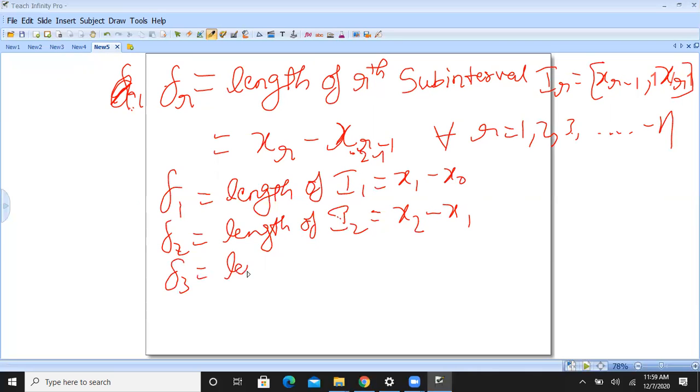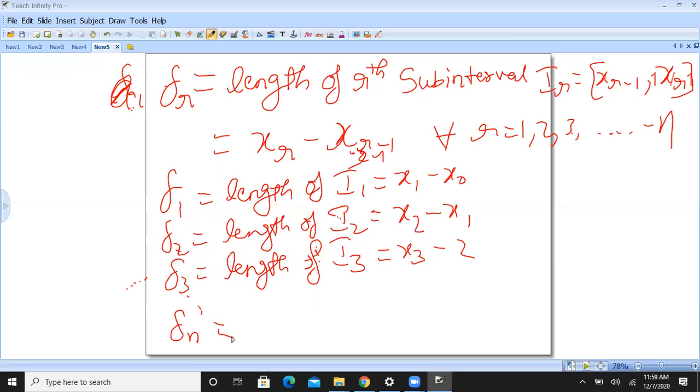Next, the length of I_3 is x_3 minus x_2. In this way we go on until the nth value.